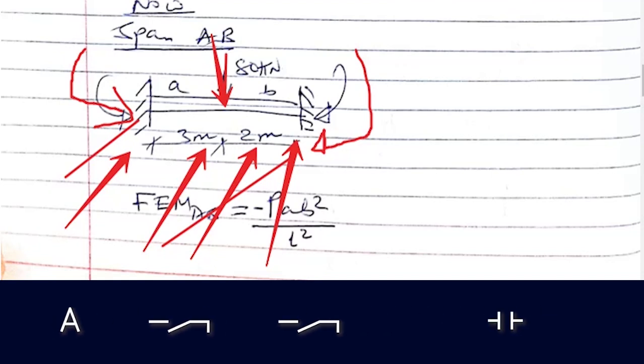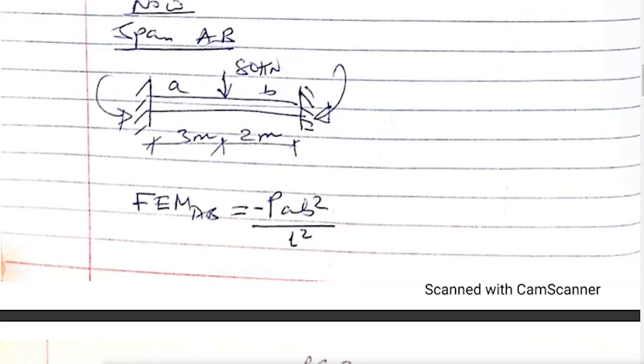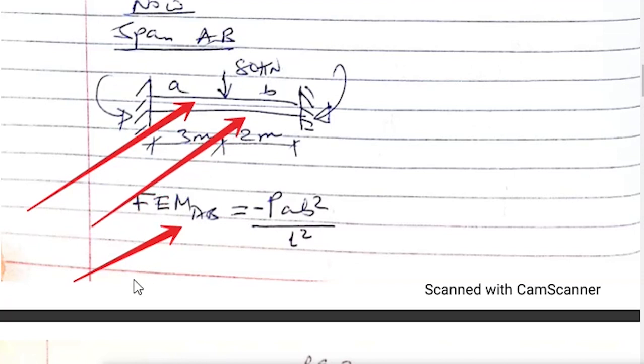the fixed end moment should now be calculated. The fixed end moment between A to B is a function of a negative sign, times the value of P, times the distance A, times the square of B, over the square of the length.